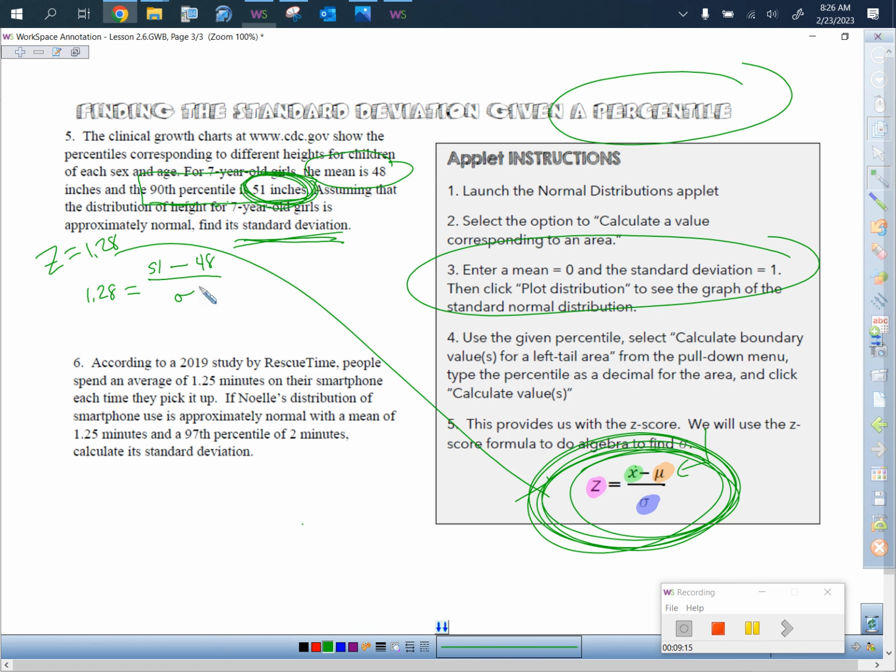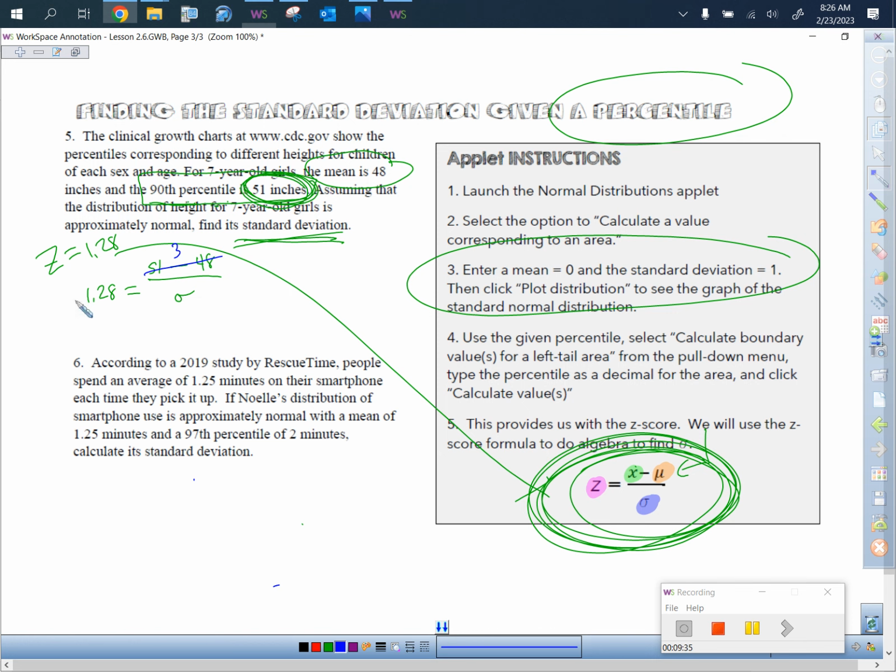Cool. So let's do one small bit of cleanup right here. Figure out what 51 minus 48 is upstairs in that fraction. What do you got? 3. Are you okay with that? And here's the ugly thing that we get a little scared of. I don't like this standard deviation being downstairs. This is a divide by sigma. The way I can get that to go away is to multiply both sides by sigma.